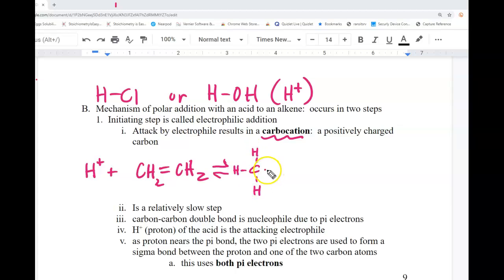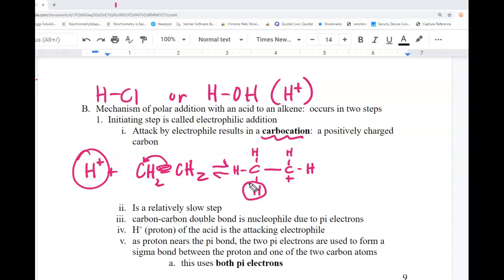What has happened basically is that these two electrons have gone and are only connected to the carbon now, leaving the other carbon with the two hydrogens attached to it electron deficient. So it's actually positively charged. This hydrogen is now attached in this location here, and momentarily we are going to have a positive carbocation. Carbocation is what that is called. Sometimes you will also hear it called a carbonium ion.